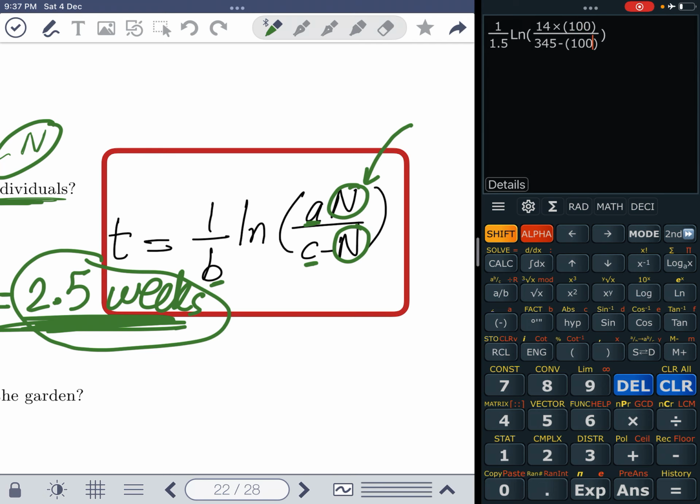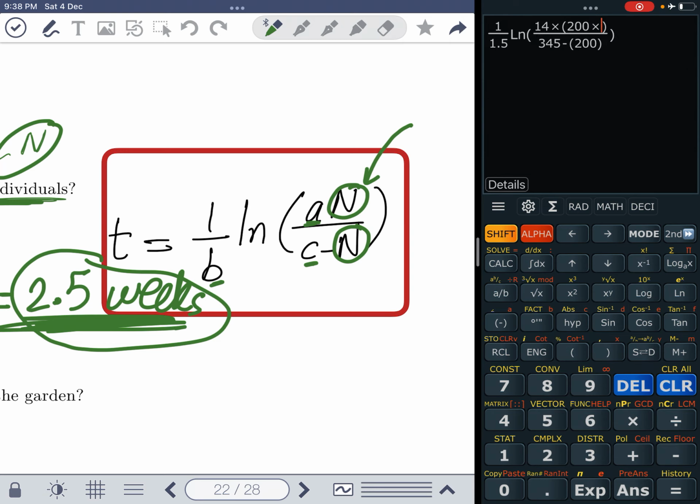How many weeks does it take to reach 100? It tells you 1.2 weeks approximately, so a little over 1 week. For the population to reach 200, you need almost 2 weeks, exactly 1.97, so 2 weeks.